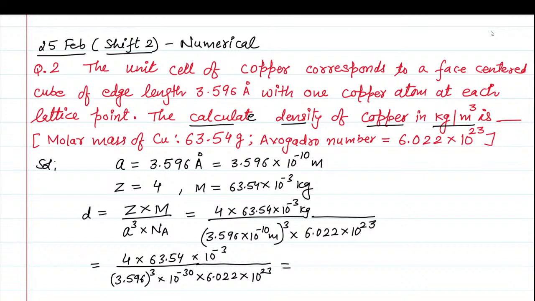That means it is 3.596, take it as 3.6, because we have to approximate the density, right? So it is 4 into 63.54 divided by 3.6 cube into 6 into 10 raised to power minus 3 plus 30 minus 23.